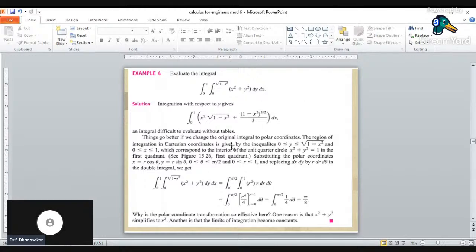So we put x equal to r cos theta, y equal to r sin theta, and instead of dx dy we put r into dr into d theta. x square plus y square is r square cos square theta plus r square sin square theta. So r square into cos square theta plus sin square theta, which is 1. Therefore, you will be left with r square into r into dr into d theta.